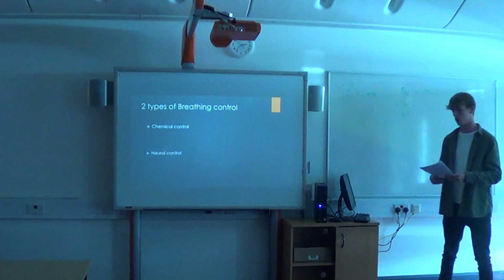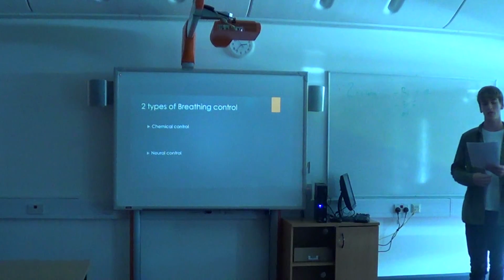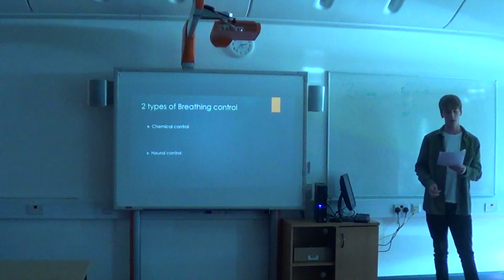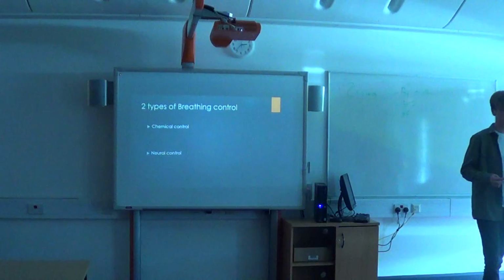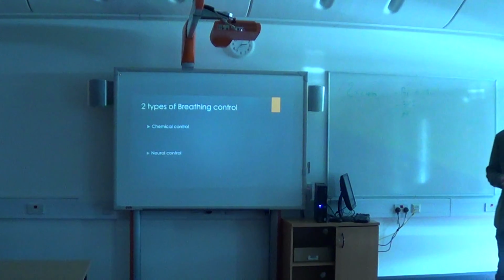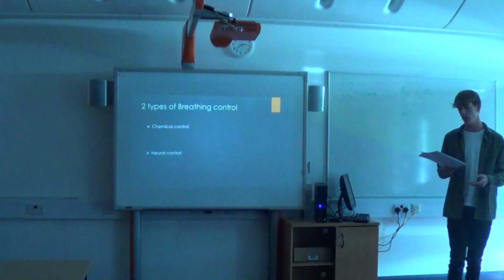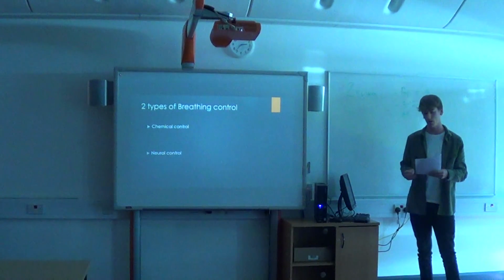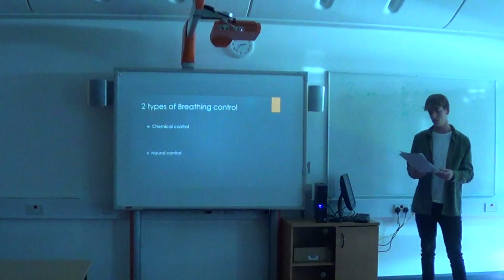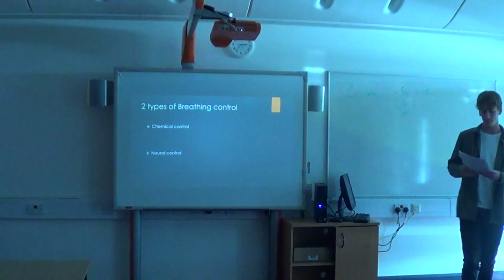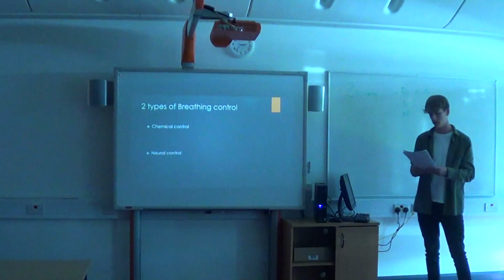There are two types of breathing control. The first one is chemical control. This is controlled by the chemoreceptors, which detect changing chemicals in the blood and muscles. If CO2 levels increase, breathing rate will increase to allow more oxygen to be inhaled and more CO2 to be exhaled, allowing quicker dispersion of CO2 out of the body. Then there's neurocontrol. There are two types, one voluntary and one involuntary, controlled by the nervous system.